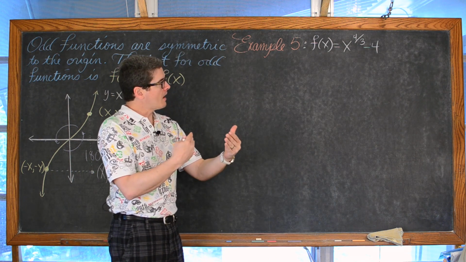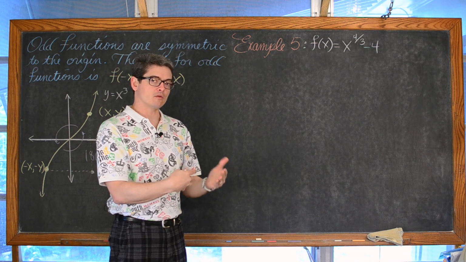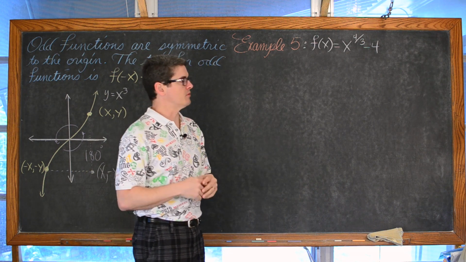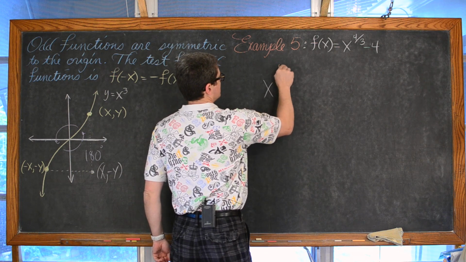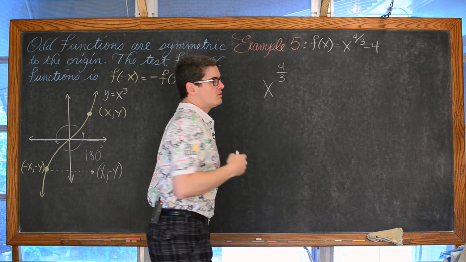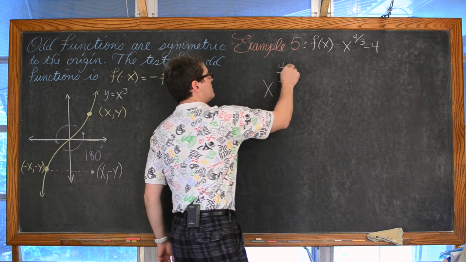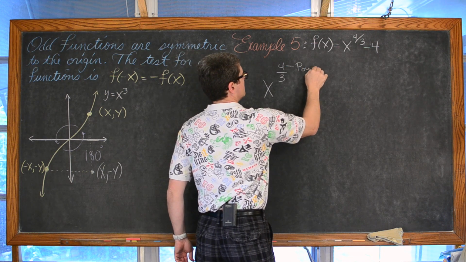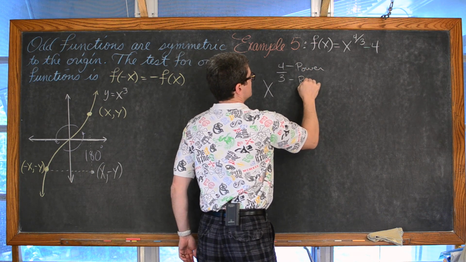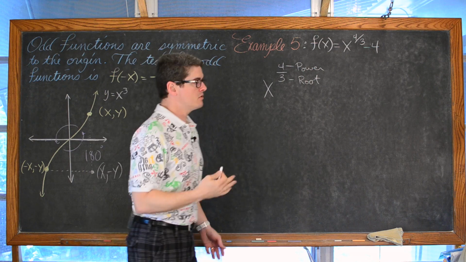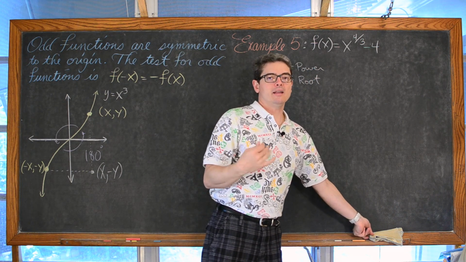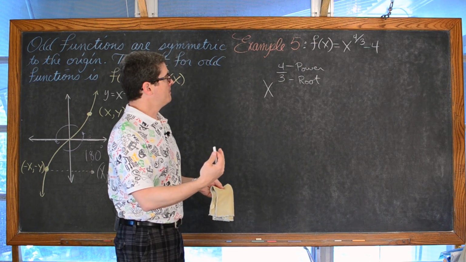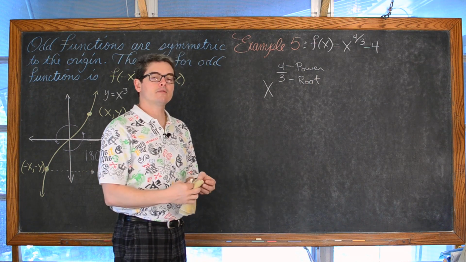But I am going to convert this into radical form just to let you see it both ways. So when you have a base to a fractional or rational exponent, the top number is the power and the bottom number is your root. So you're looking at something that's being raised to the fourth power, and at the same time you are taking the third root of that value.